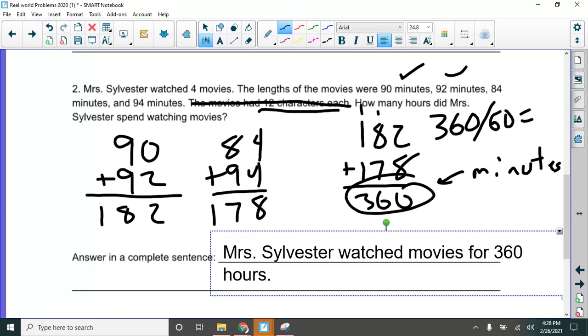There are 6, right? Mrs. Sylvester watched movies for 6 hours. That's better, right? Why did it help me to write my answer in a complete sentence? It helped me look back at the question and ask myself if the answer makes sense.